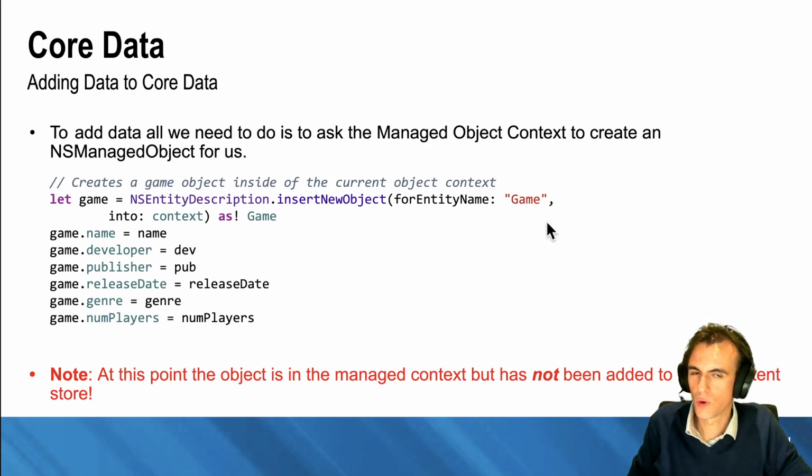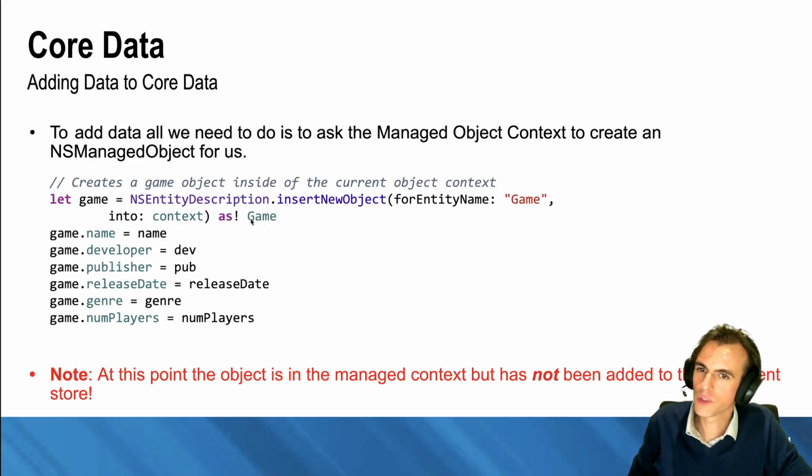This is just what was listed for the entity in the model, and we tell it which context we're inserting it into. Then it's going to return to us an NSManagedObject, which, if we've generated specific classes for these, we'll know it's of that type, and we can safely force cast it to the type Game.